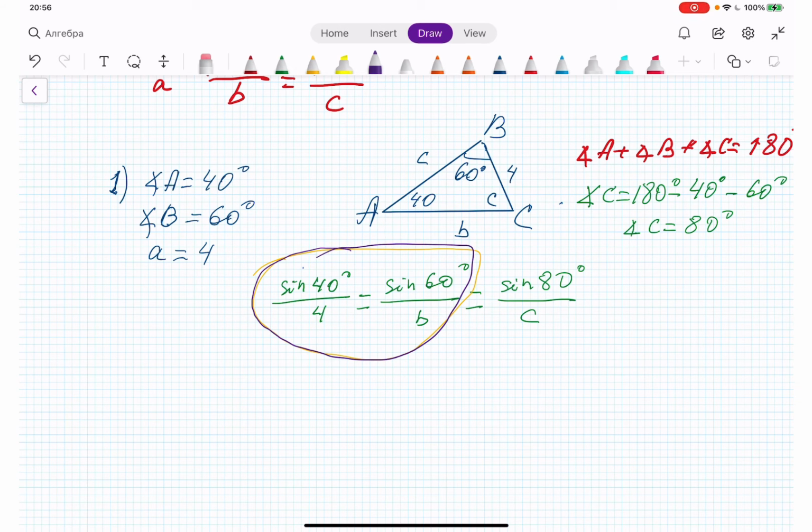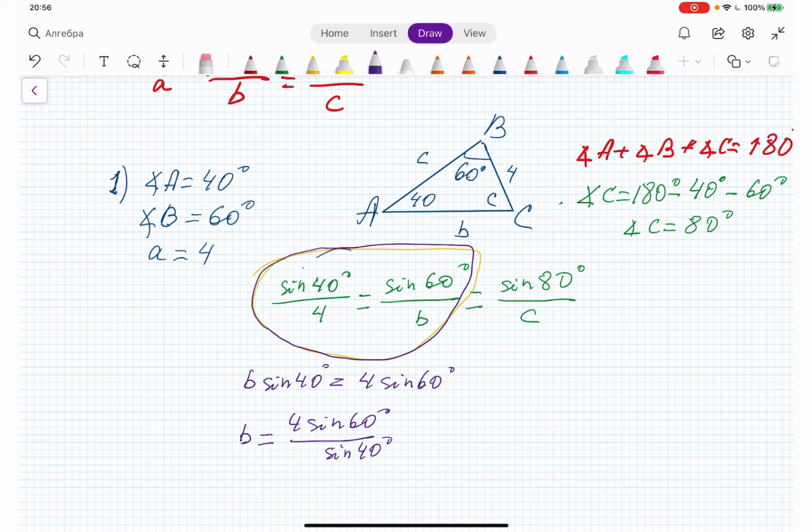From here, I can do cross multiplication. b times sine 40 is equal to 4 times sine 60 degrees. So b is equal to 4 times sine 60 degrees divided by sine 40 degrees.